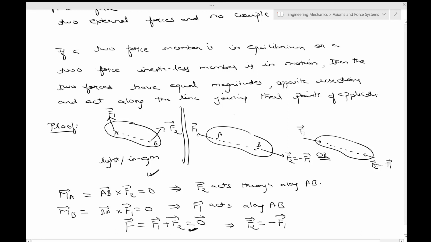A two-force member can only exist in either this form or this form. So that's the reasoning that a two-force member has to exist either like this or like this. We started off assuming that it is something like this, but we found out that the only possibility is this or this.